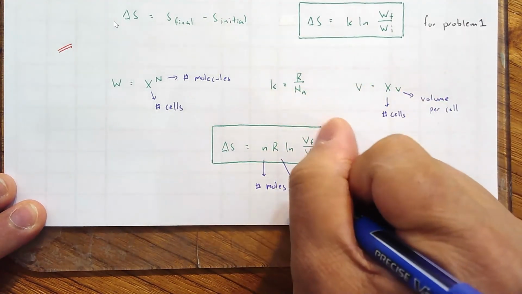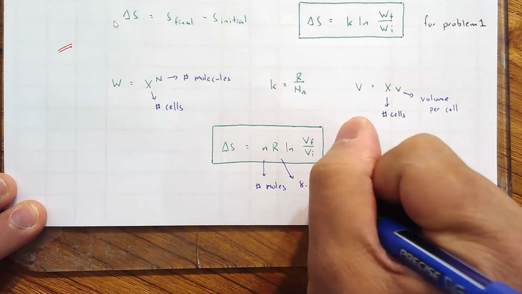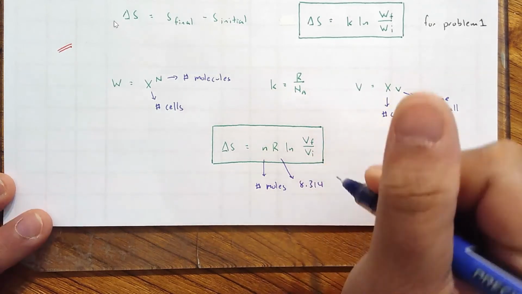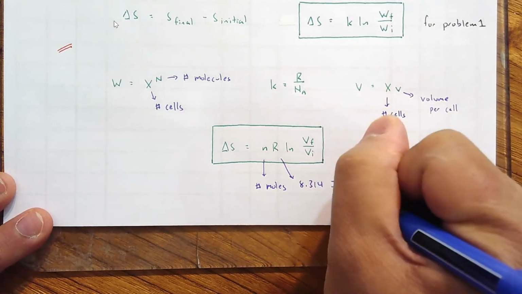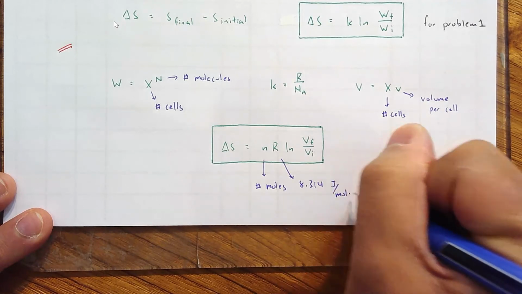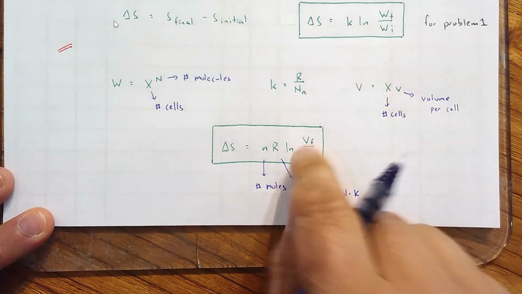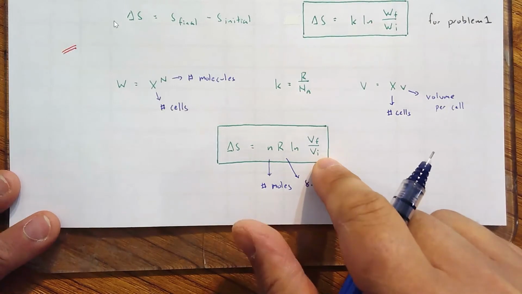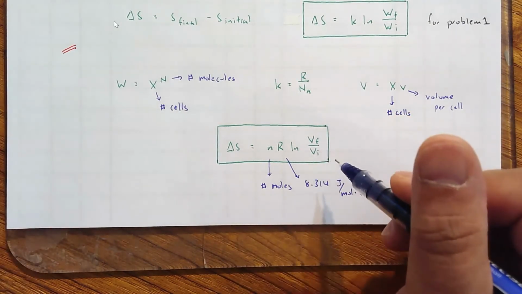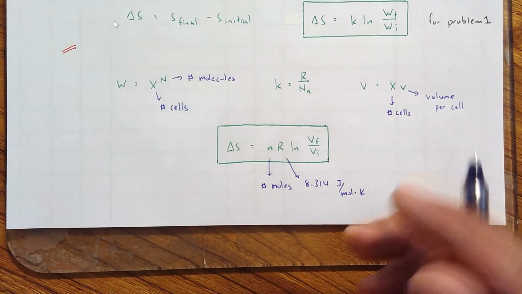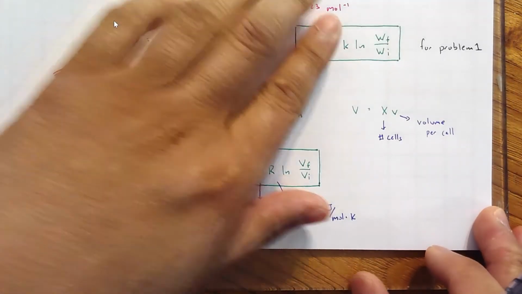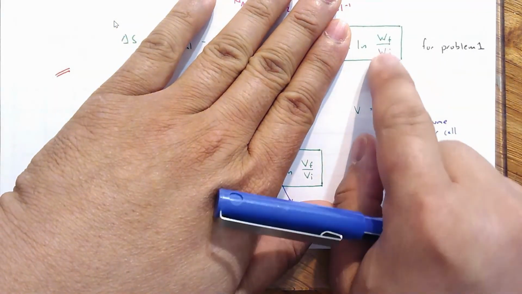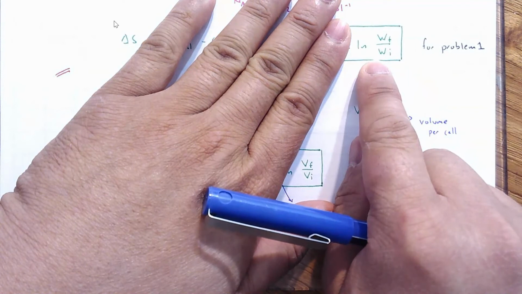R is, you're not going to change it, it's 8.314, and again, it's joules per mole K. And then these volumes can be any unit as long as they're consistent and the units will cancel out. So just like here, the ln of the microstates, that's unitless.